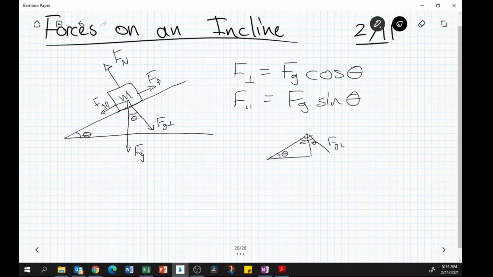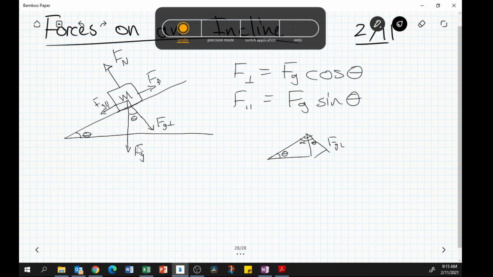And then you think about what triangle you're drawing. This here would be your adjacent to your angle. This would be your opposite. This would be your hypotenuse. So you use cos to find your perpendicular. If you're trying to find this part here, which is the parallel just shifted, you're trying to find it with sine. You can derive that yourself every time if you want. Let's do an example.